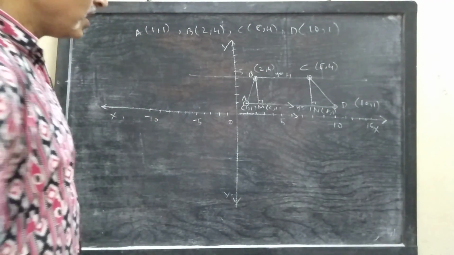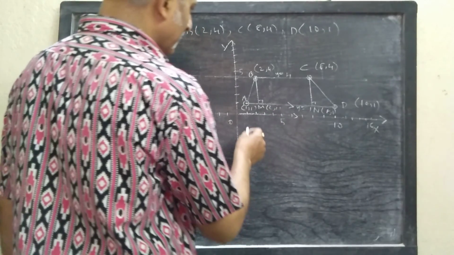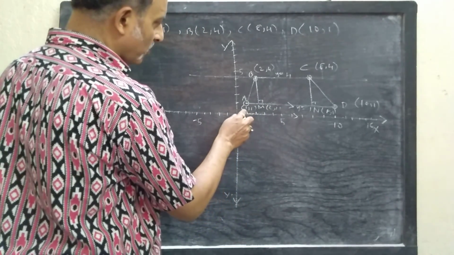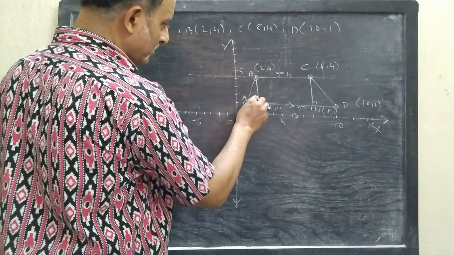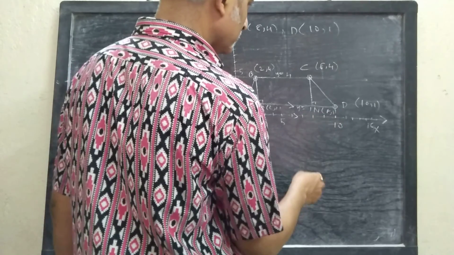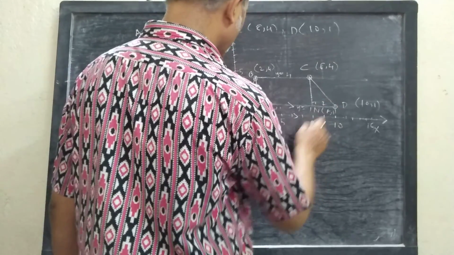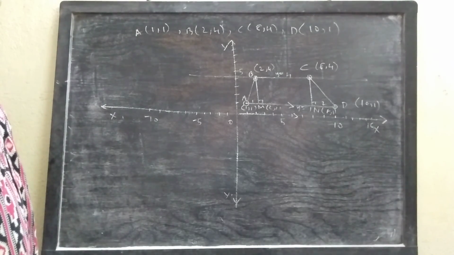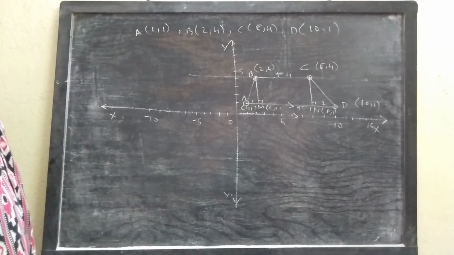Okay. Now compare these two triangles. Length AM will be 1 unit because from 1, 1 it is 2, 1. Distance is 1 unit. Now this is 8, 1. This is 10, 1. This is 2 units. Now these two triangles will not be congruent, so it is not an isosceles trapezium. You can call it a simple trapezium.